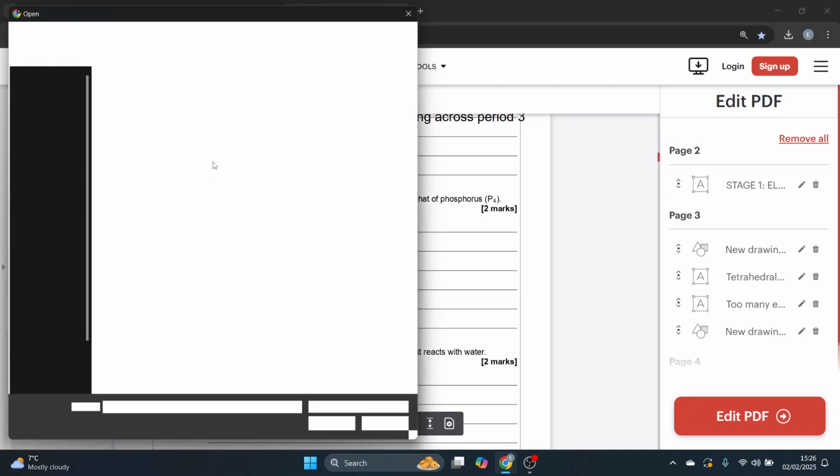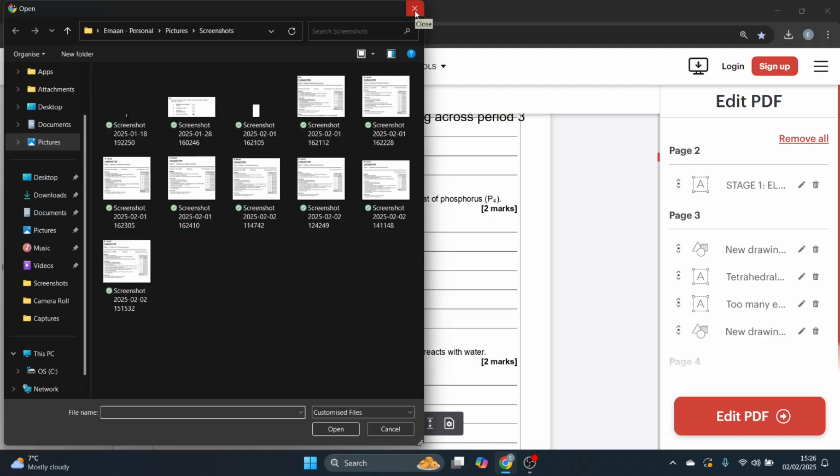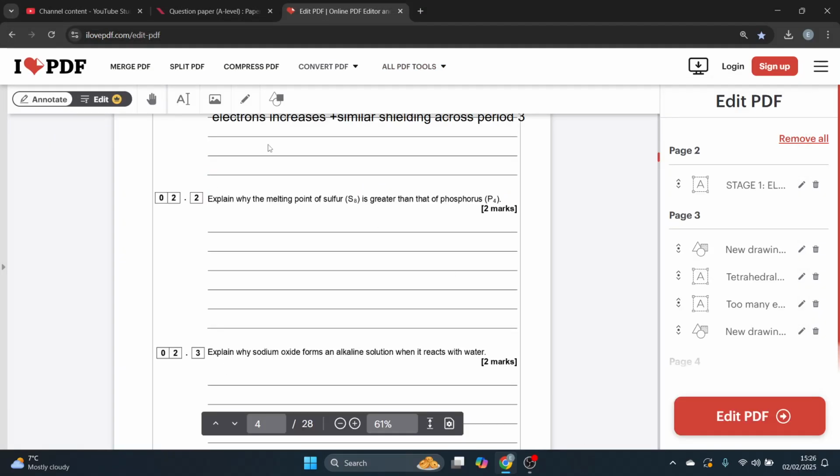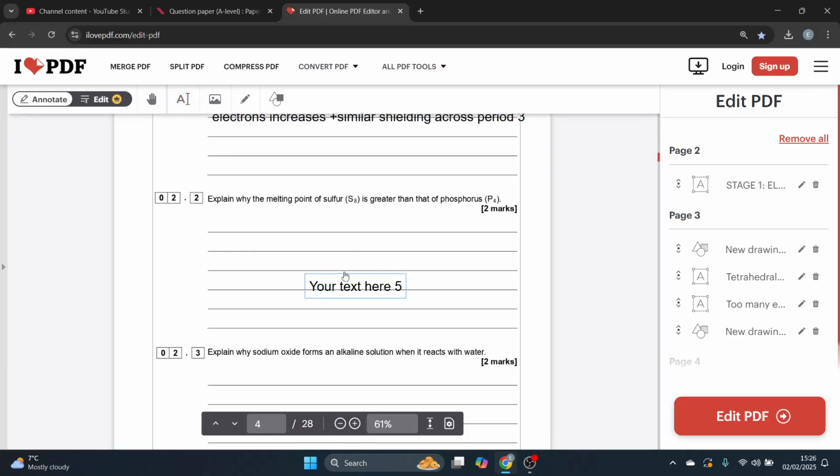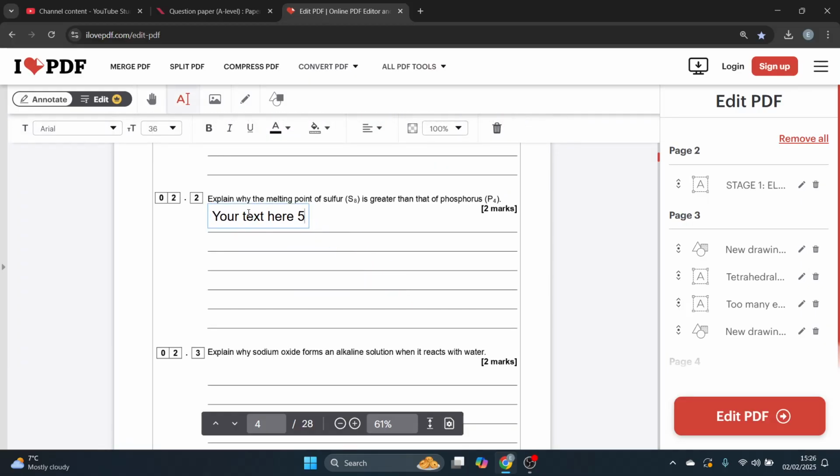Explain why the melting point of sulfur is greater than that of phosphorus. Okay, sulfur and phosphorus. Sulfur, what is it? It's not macromolecular, that's silicon dioxide.